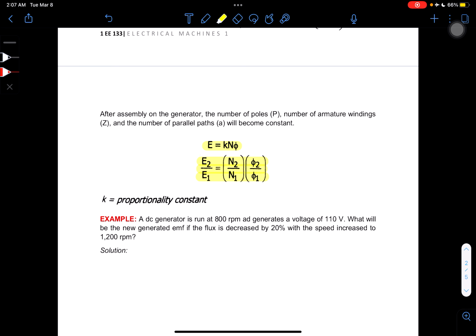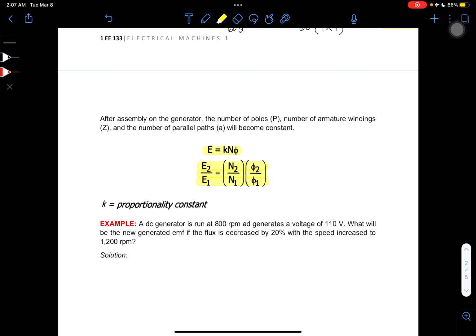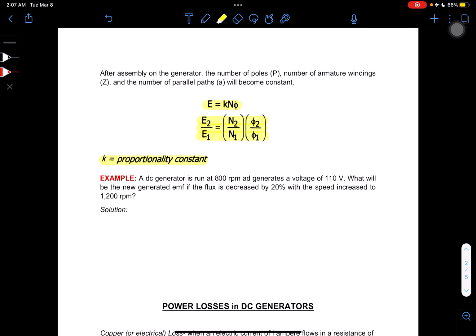We can use this formula if the number of poles and the number of parallel paths are constant. Here, K is our proportionality constant.